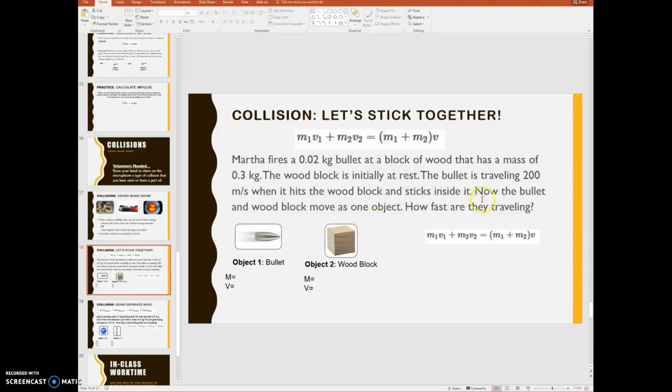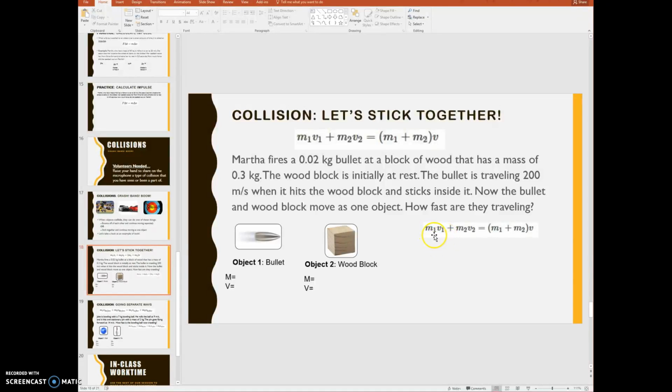That's really important because it's telling us to use the formula for things that move as one object. They're sticking together. So this question is asking us, how fast are they traveling now that the bullet is stuck inside that wood block? Let's check this out. Again, we have our formula ready underneath here to guide us in solving this problem. So what I need to start doing is figuring out what information I know.